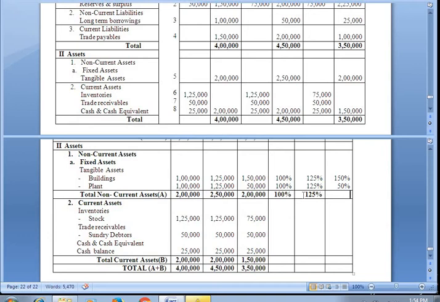And the last one, 2 lakh divided by 2 lakh into 100, is how much percentage? 100%. Okay.